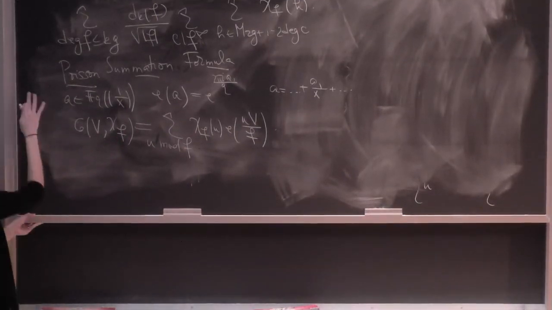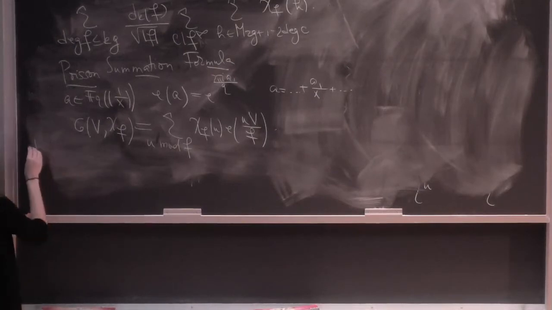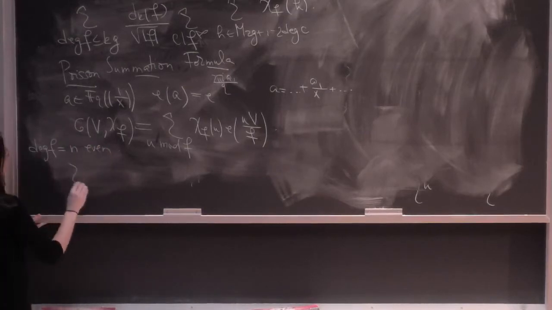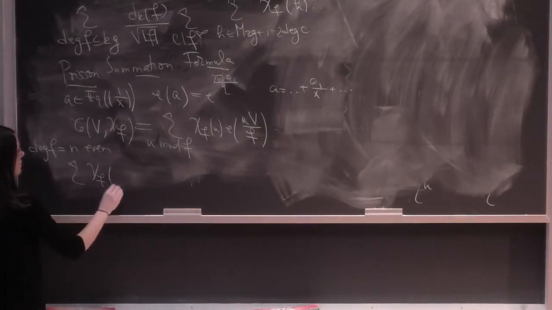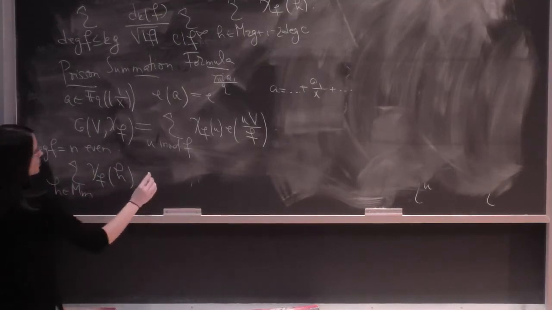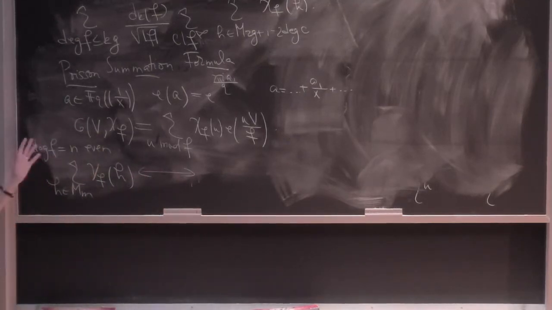Then the Poisson summation formula takes the following form. Let's assume that the degree of f is n, which is even. Then I want to relate a sum of chi_f(h), where now the degree of h is m, to a dual sum of size roughly n minus m.